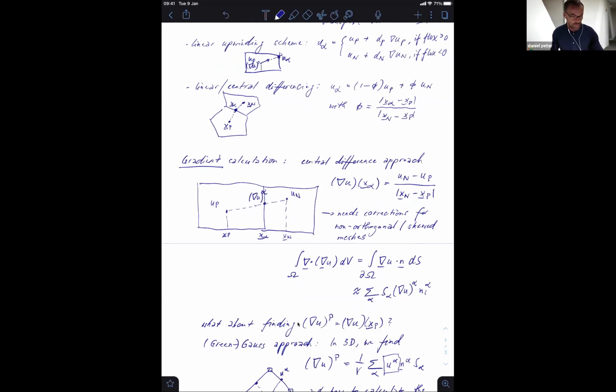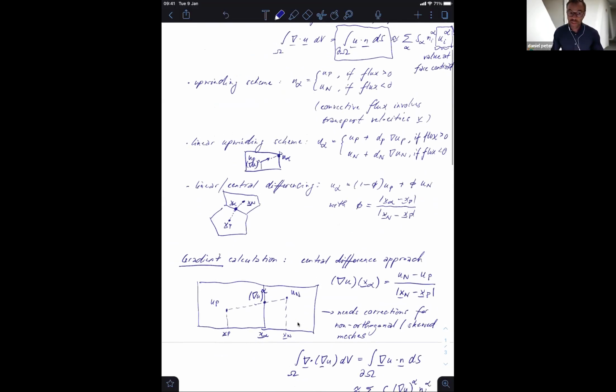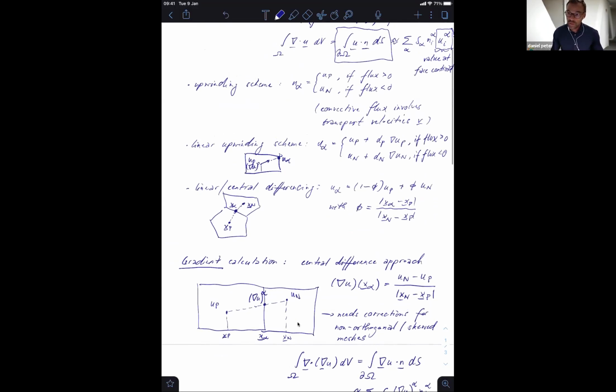So you see in the finite volume method, there's quite a variety of schemes that you can apply, and it depends very much on your problem which scheme you would want to apply. Some schemes like the upwinding scheme are more stable, other schemes are more accurate, but they might have these fluctuations and oscillations.